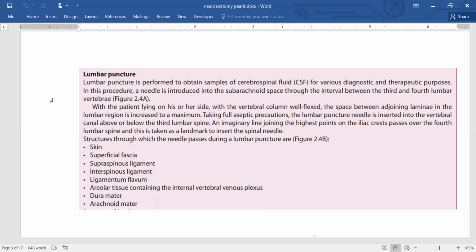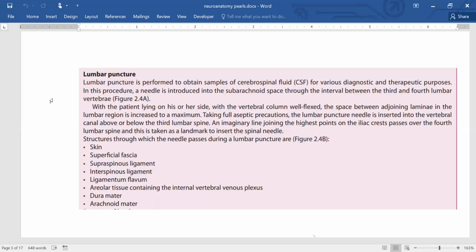Now, lumbar puncture is a frequent procedure done to obtain samples of cerebrospinal fluid for various diagnostic and therapeutic purposes. The needle is introduced into the subarachnoid space, which is surrounding the spinal cord.